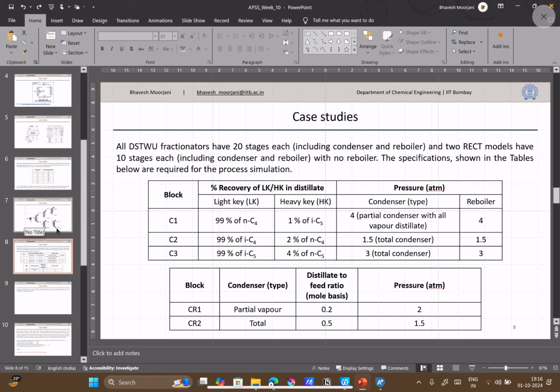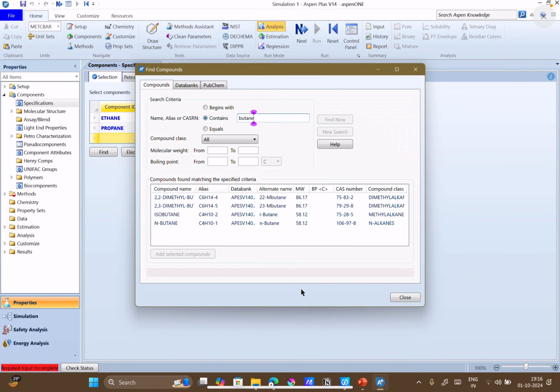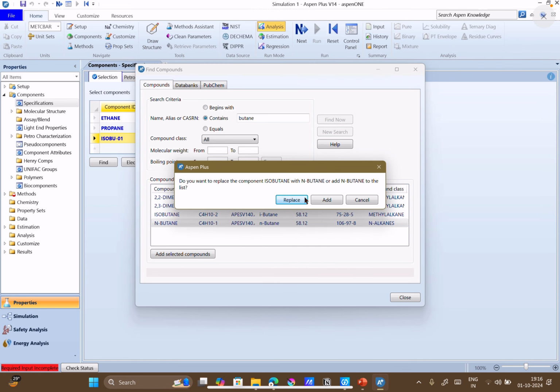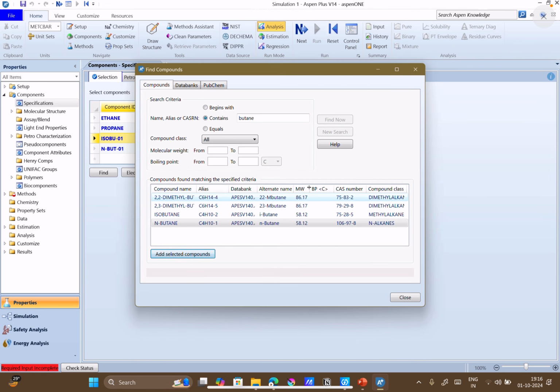All the light key information is there and pressure values are there. So first add isobutane, then we have N-butane, then for pentane also we have to search for both isopentane and N-pentane.